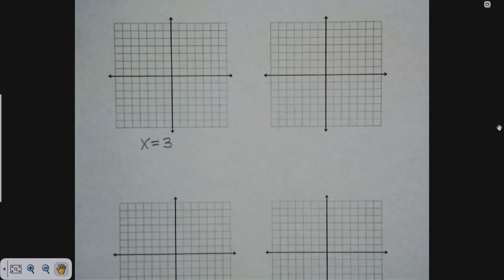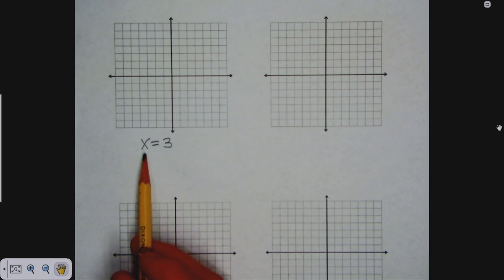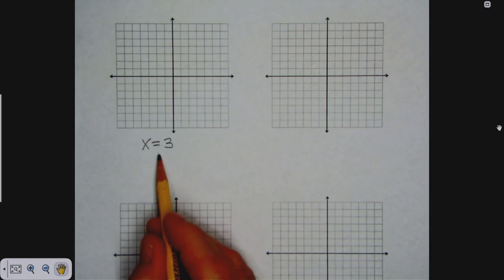That's actually in standard form because it's in the form of ax plus by is equal to c, but we have no y there. We remember that both a and b can't both be 0, but one of them could be 0. So here we just have x is equal to 3.